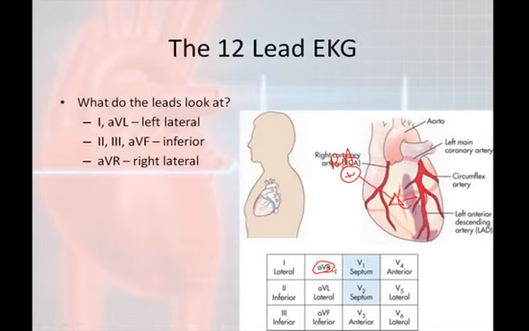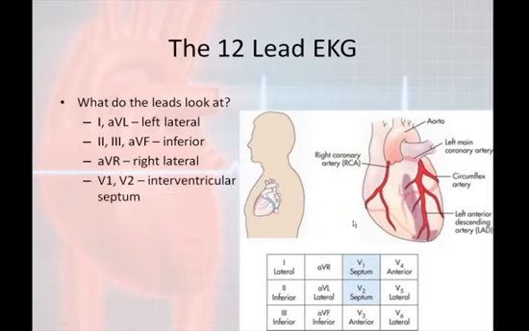What you can use AVR for is to confirm that the electricity is traveling in the proper direction, because you're going to have an inverted P wave, an inverted QRS, and an inverted T wave. All of this is going to be in your AVR lead. If you have a positive something in your AVR lead, then you know that the electricity is traveling in the wrong direction. That's about as useful as I want you guys to know for AVR.